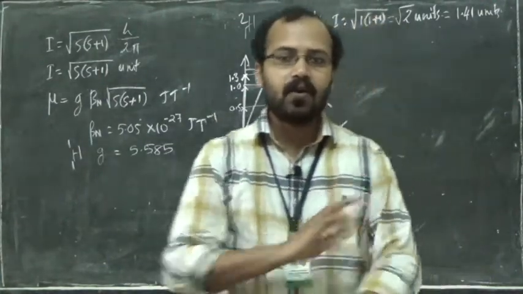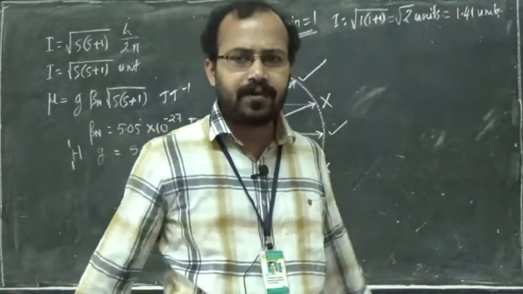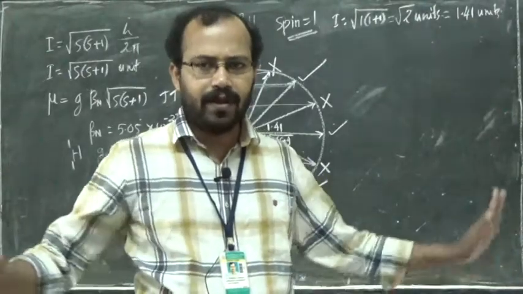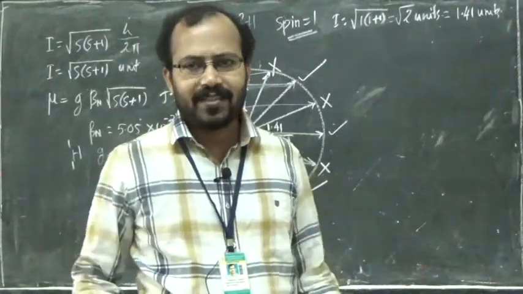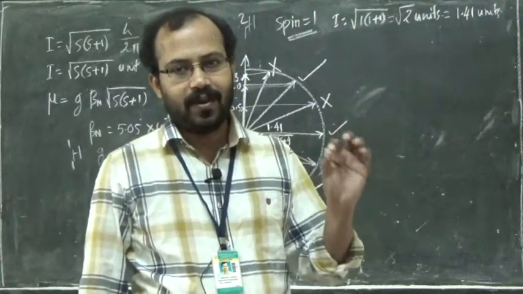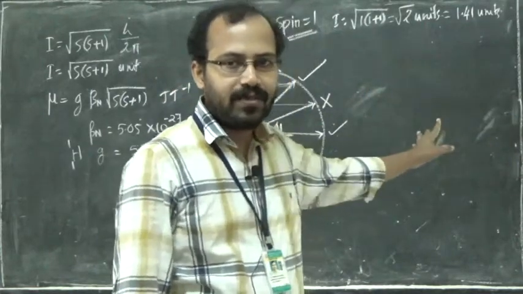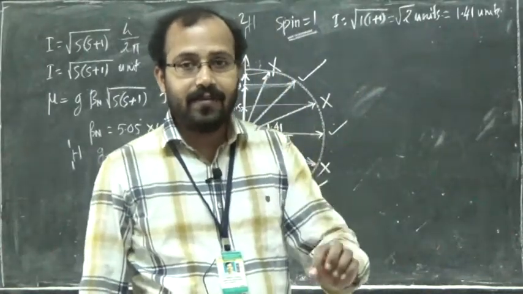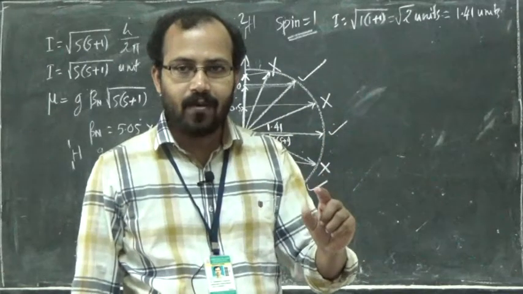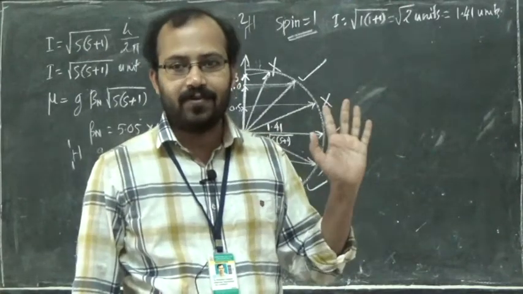You can draw n number of other arbitrary directions, you can draw them from morning to evening. But quantum mechanics says no, you can draw it, but it is not allowed quantum mechanically. If it is a nucleus having an integral spin, only those components are allowed whose magnitudes are integral units.